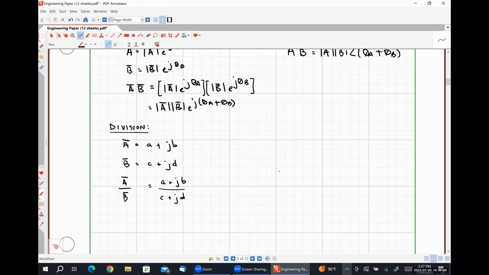So we are going to fix this by multiplying by a fancy form of the number 1. And that fancy form of the number 1 is B conjugate over B conjugate. So I'm going to multiply that ratio by C minus JD over C minus JD.